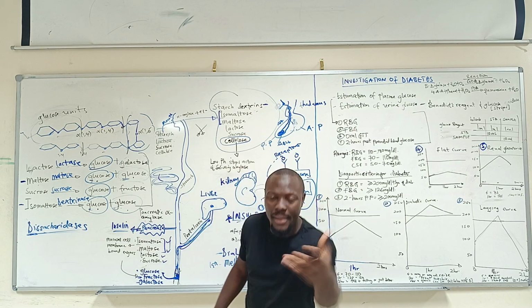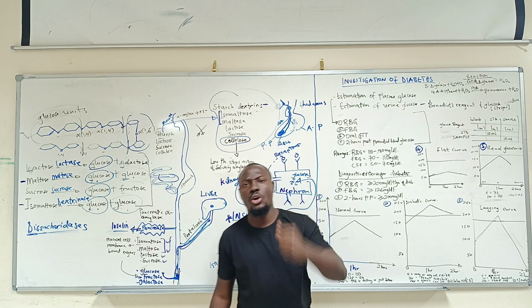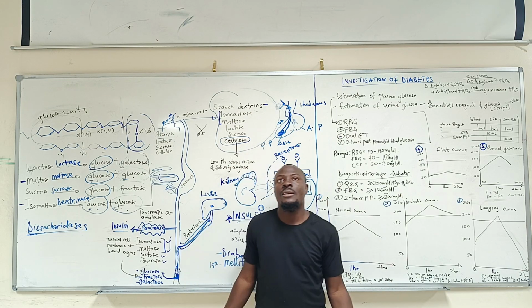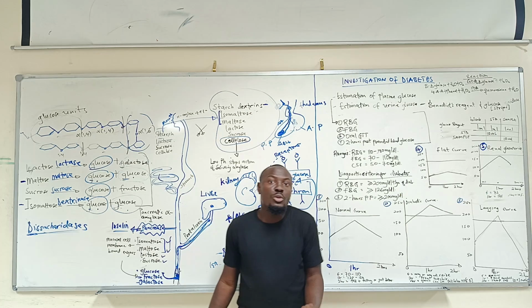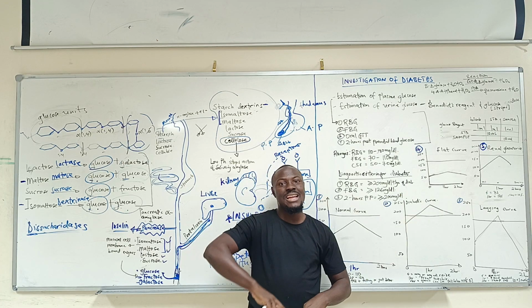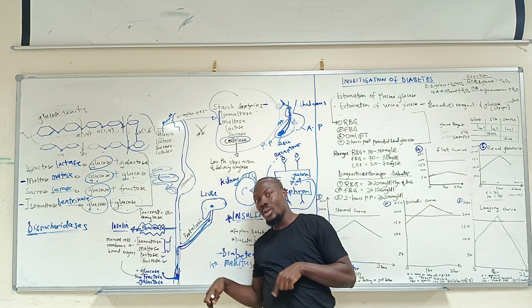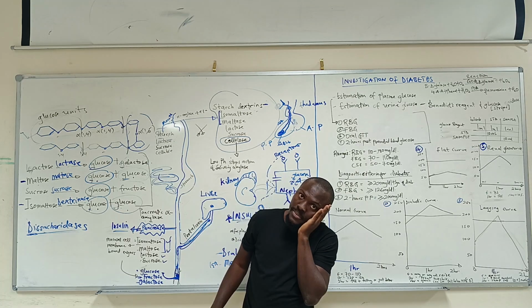What do we understand by the term fasting blood glucose? So, before you get to the hospital, maybe in the morning, the night before you get there, at least, I'm shooting this video, it's very, very late now. Let's say I'm going to sleep now. If I sleep now till the next morning, you can see that I've not eaten for the whole of that night, midnight, dawn, till the next morning. This is a fasting period for me as I was sleeping.